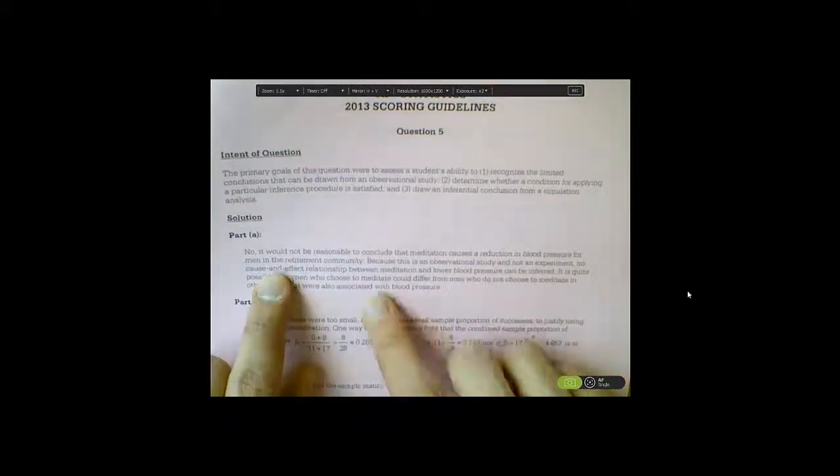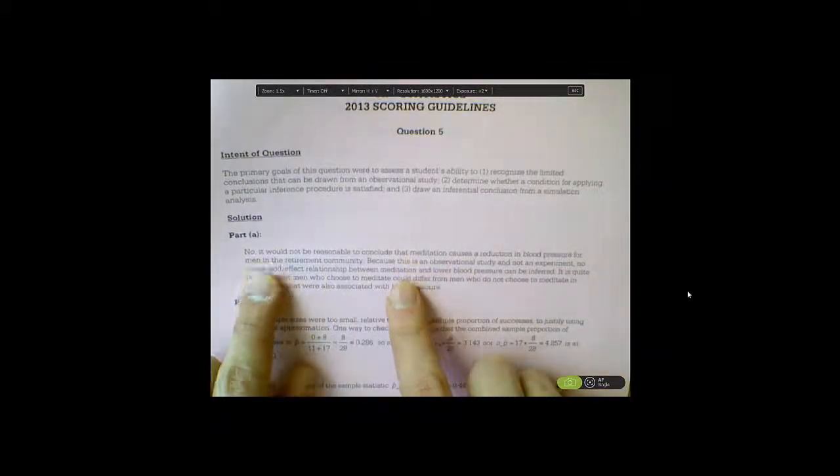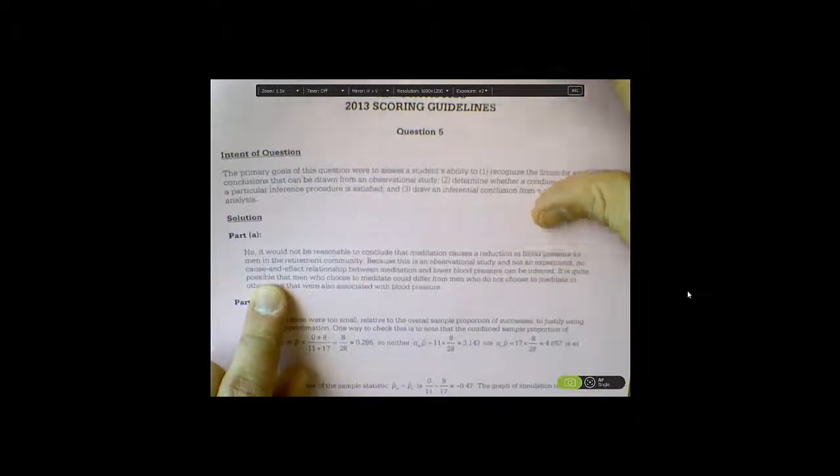So if I take a look at the scoring guideline there for question 5, all right. No, it's not reasonable, and it's because it's an observational study and not an experiment. So that's their model solution.